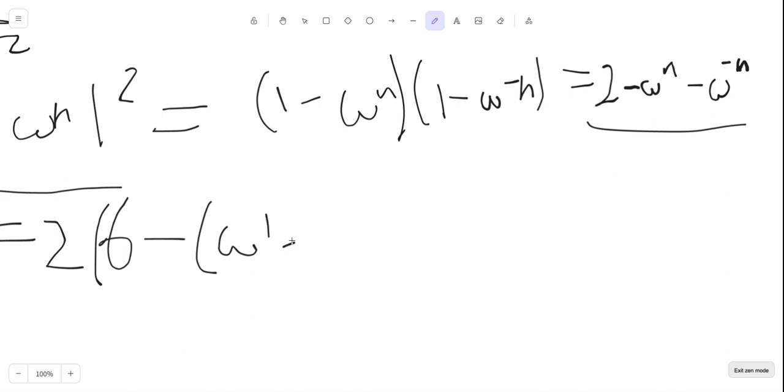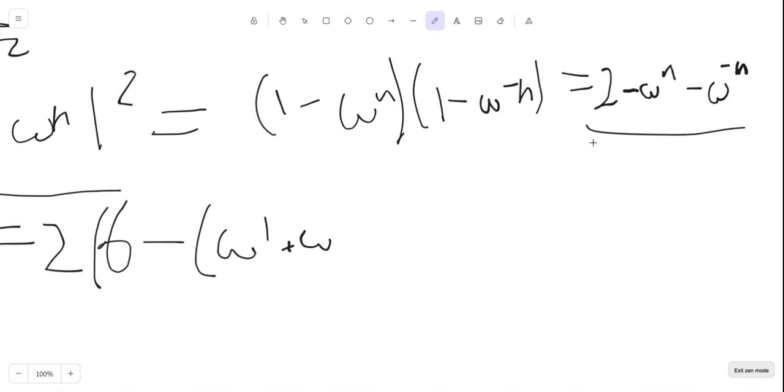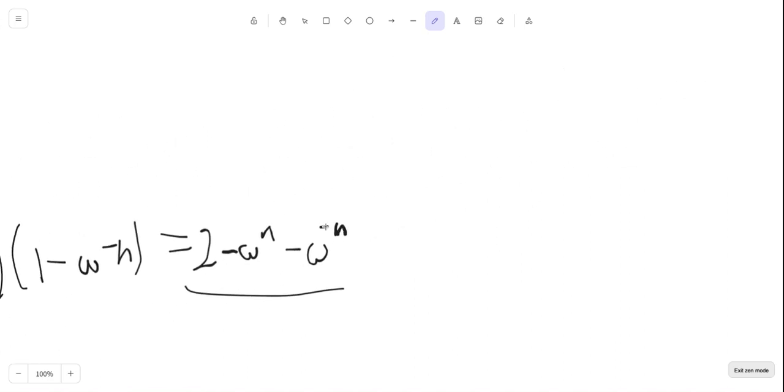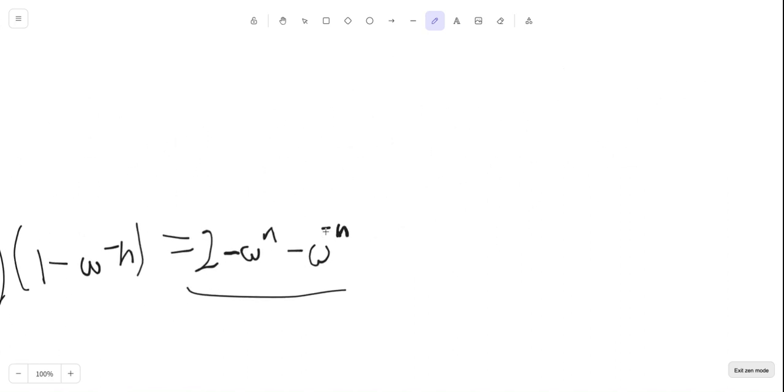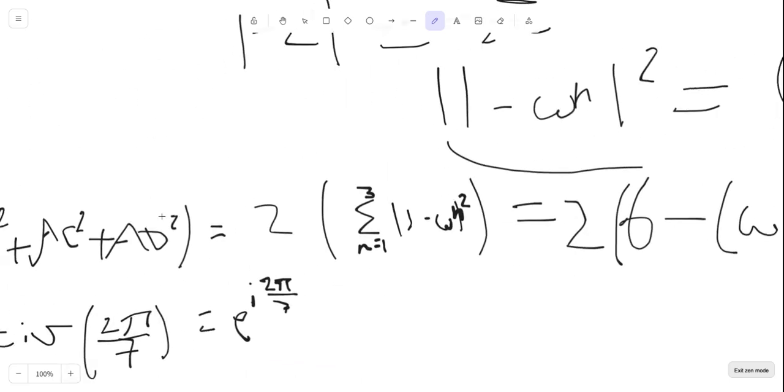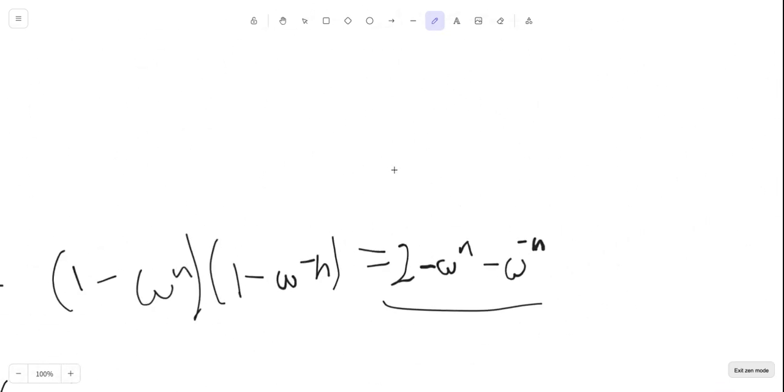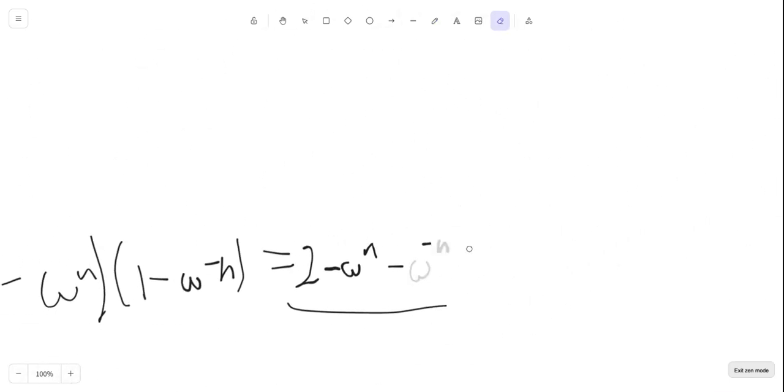Since this is a root of unity, omega to the negative n is actually omega to the 7 minus n.